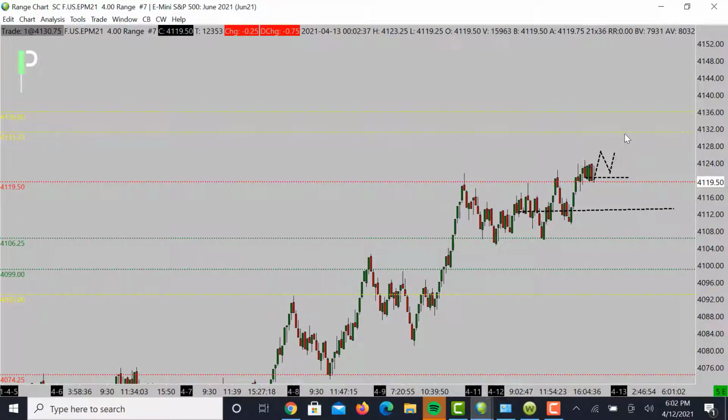You may get more shallow pullbacks as we try to grind higher. So we want to keep this in mind. If you're not too comfortable with that, you may not want to try the minor level continuational moves. But if you are comfortable with it, again, there will be some minor levels that you can look to take off of this movement if we are continuing to try to grind higher for S&P within the US session.